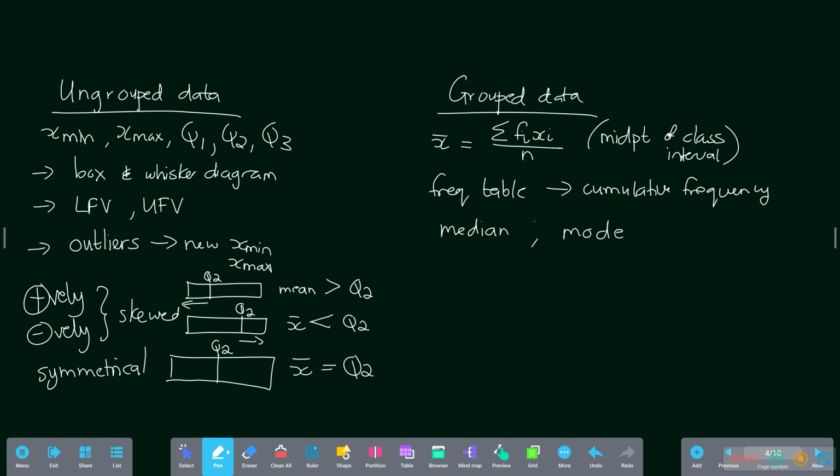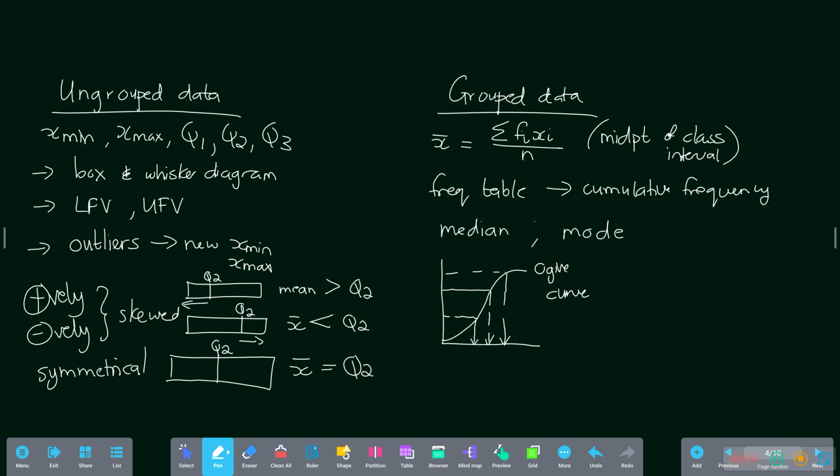Then from there, you need to be able to draw the ogive curve. And from the ogive curve, you need to be able to find Q1, Q2, and Q3. Remember, these are just estimations.